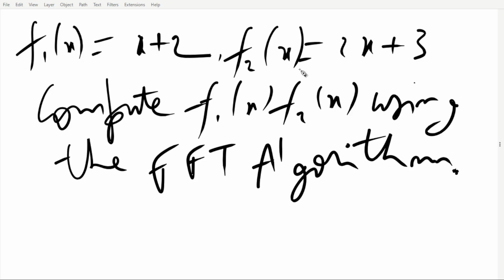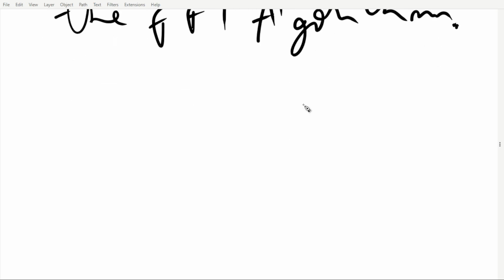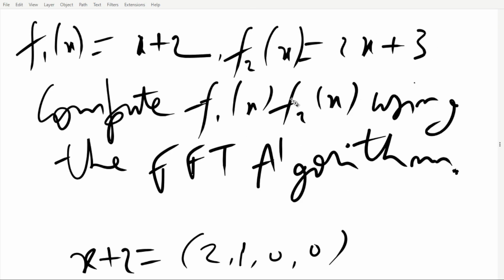First we need to convert them into coefficient form. x plus 2 we write in coefficient form as 2, 1, 0, 0. As we have seen earlier, x plus 2 is actually only the vector 2, 1, but since their product will have 3 terms, we have to pad up to the nearest power of 2, which is 4.